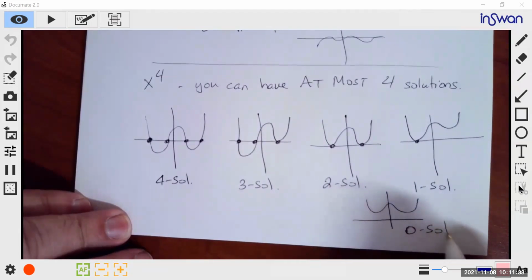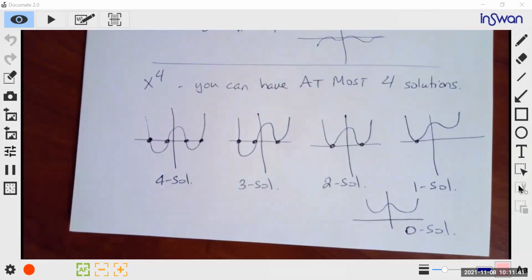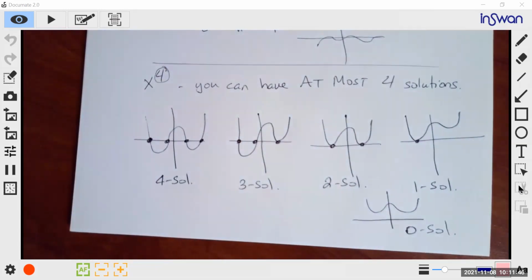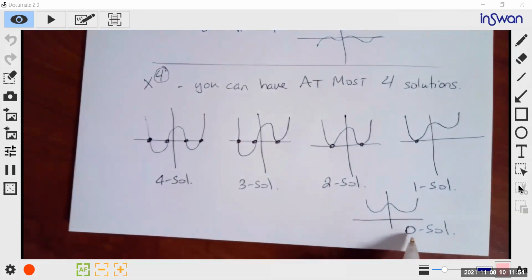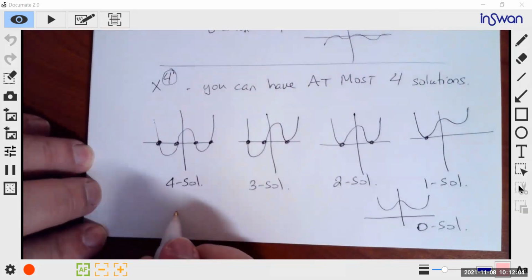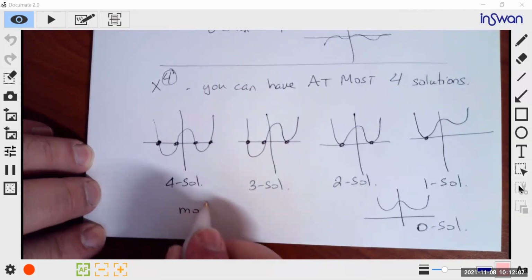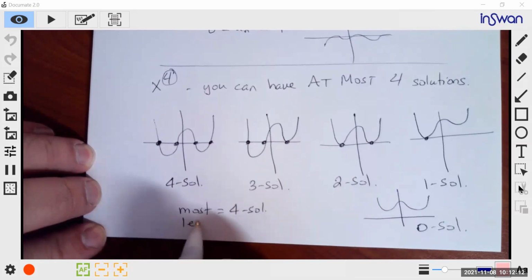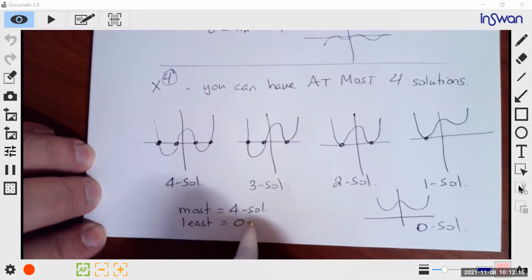No solutions. So whatever the degree is, that's the most you can have. The least you can have, in this case, is 0. So most equals 4 solutions. Least equals 0 solutions.